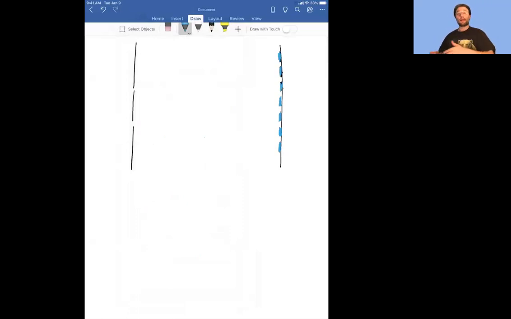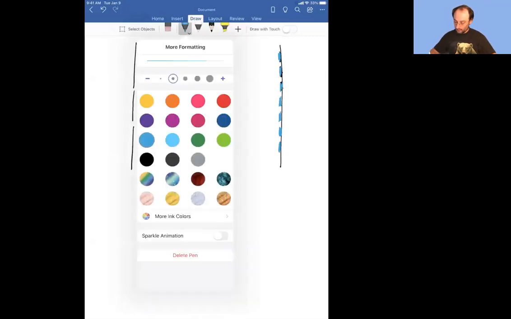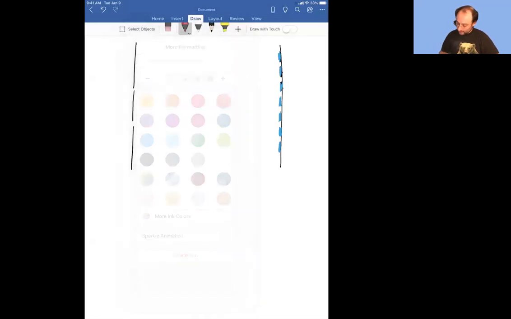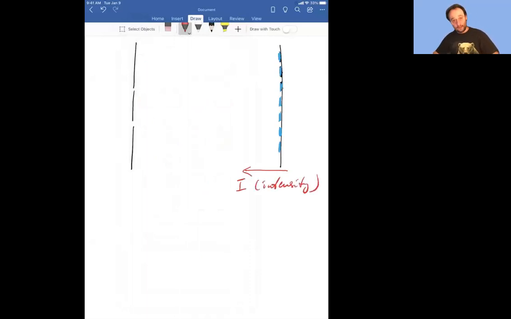Another way to depict this is to make a plot of intensity versus the vertical position. So let me use this axis. This is the intensity axis. I stands for intensity. Intensity, as we discussed, is energy per area per time.